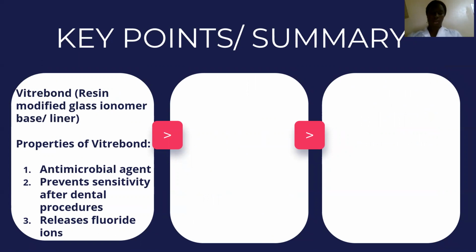Now, the properties of Vitrebond include it being an antimicrobial agent, its release of fluoride ions, as well as it preventing sensitivity after dental procedures. Now, in preventing post-operative sensitivity, it would be placed under resin-based composite restorations and protect the dentinal tubules against bacterial access.